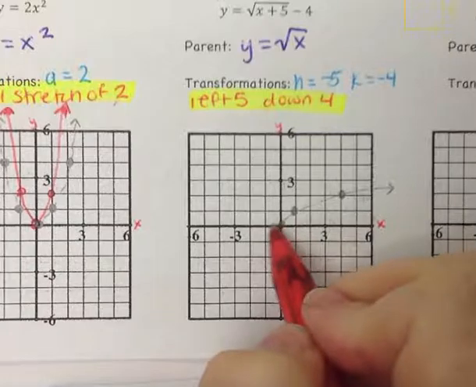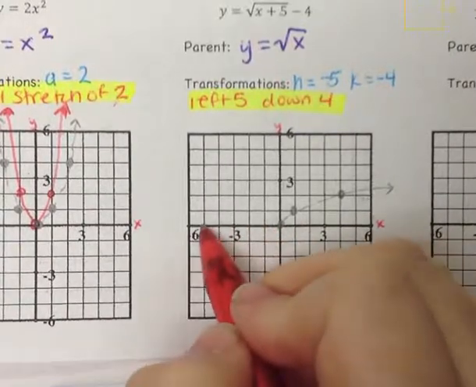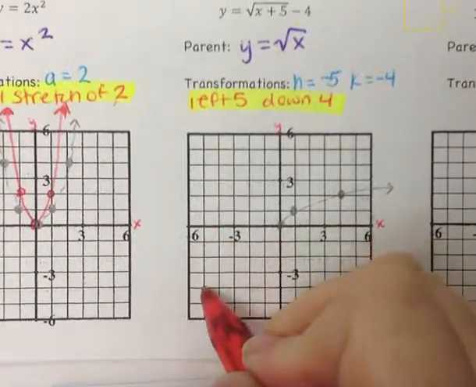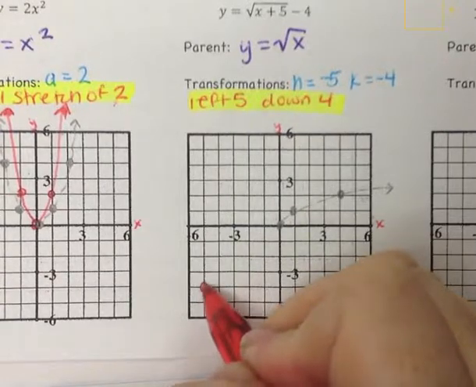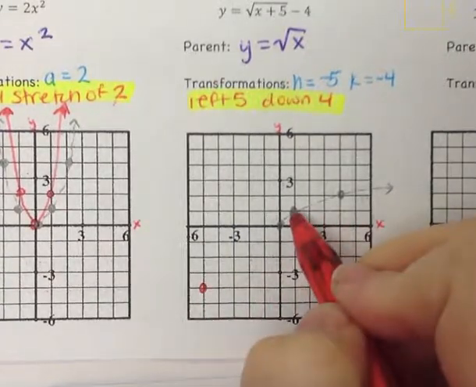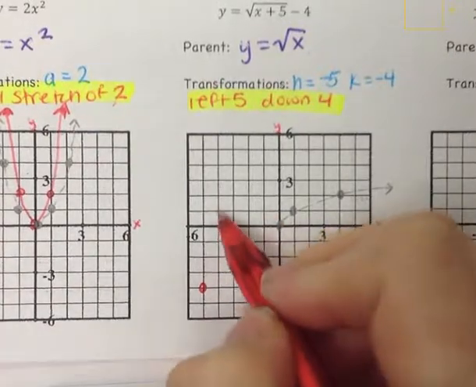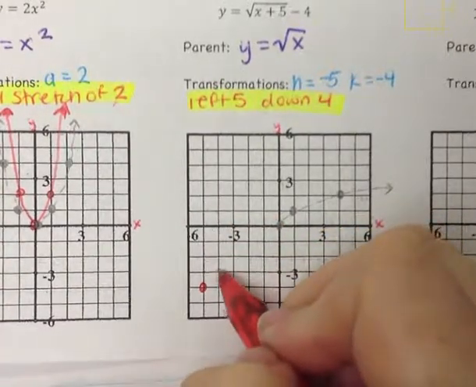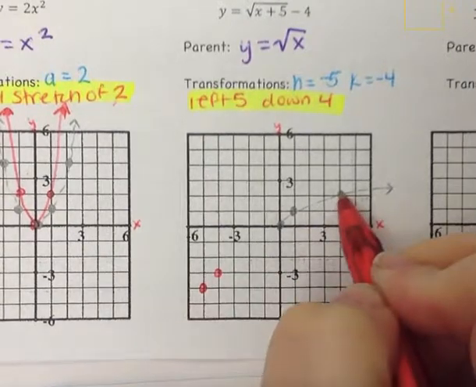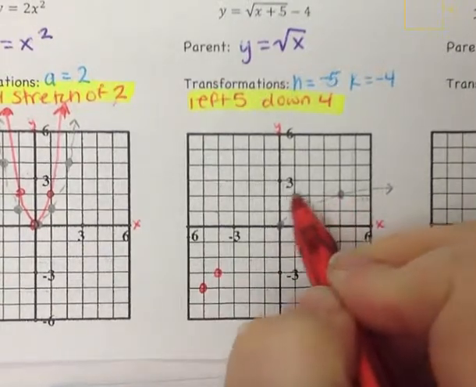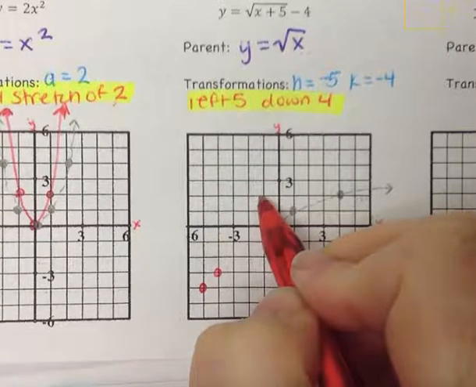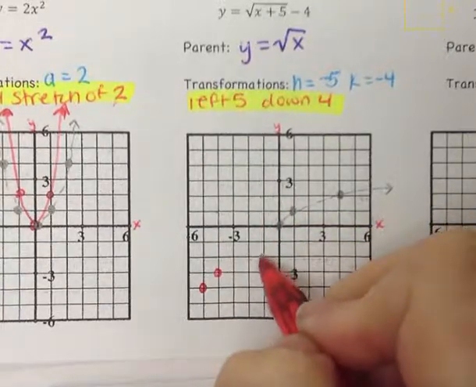So this first one, 1, 2, 3, 4, 5 left, and then 1, 2, 3, 4 down, first coordinate. Next coordinate, left 1, 2, 3, 4, 5, down 1, 2, 3, 4. Next one, left 1, 2, 3, 4, 5, down 1, 2, 3, 4.